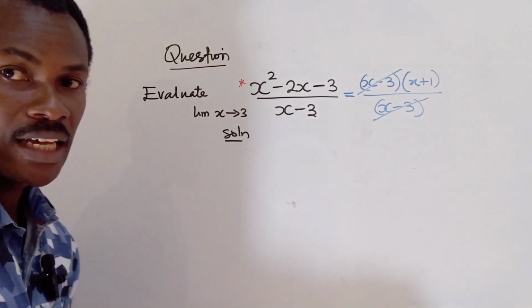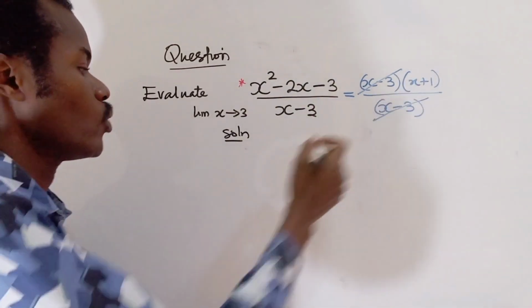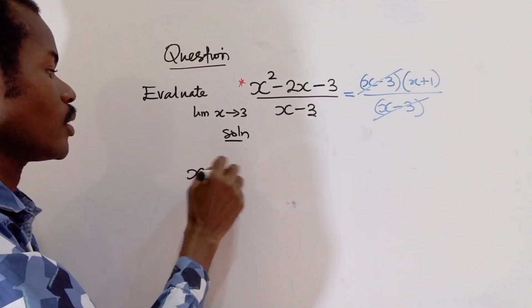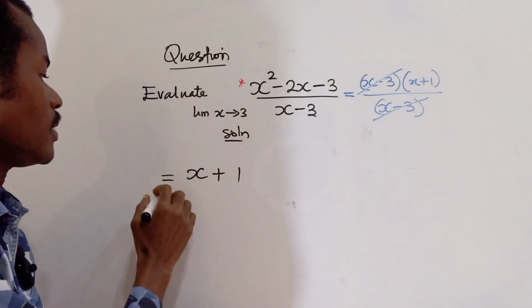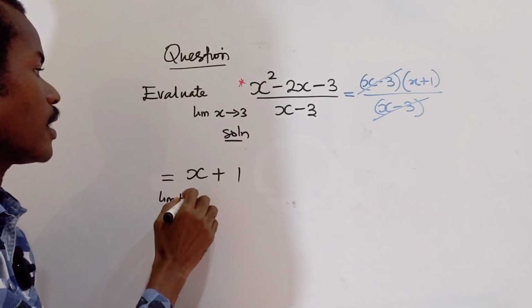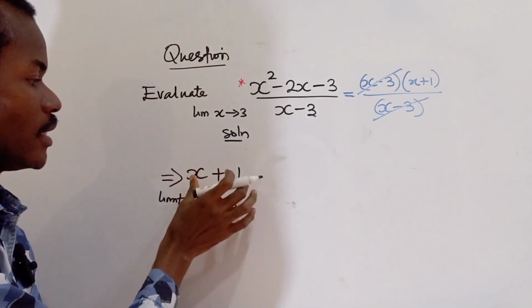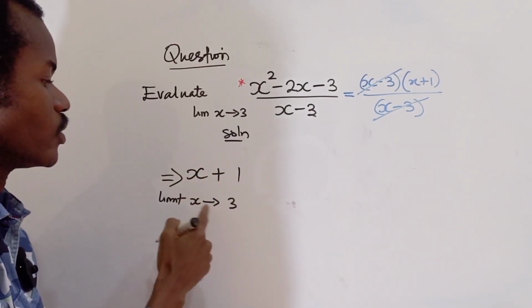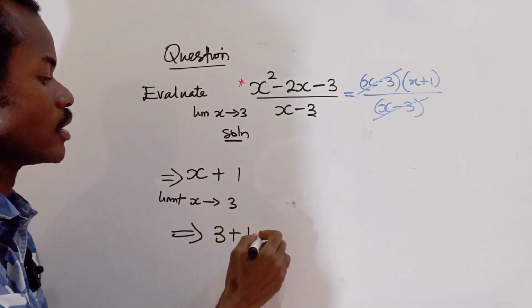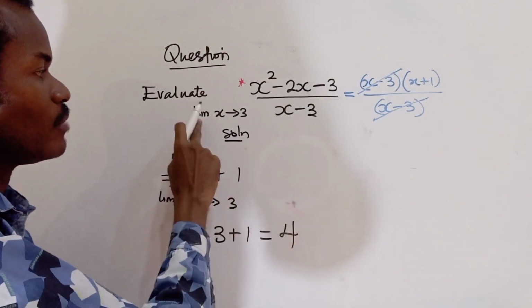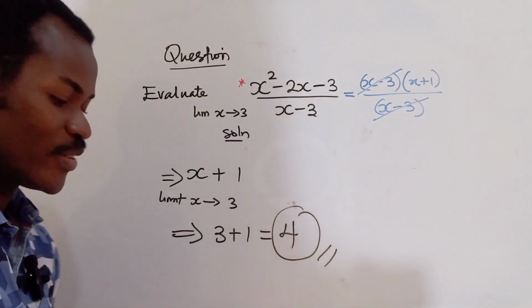If we cancel out x minus 3 at the numerator and denominator, we are left with x plus 1. Since we are left with this, we can now take the limit as x approaches 3. What that means is that we are going to substitute x as 3 here. So it's going to be 3 plus 1, which equals 4. So limiting this as x approaches 3, our answer is 4.